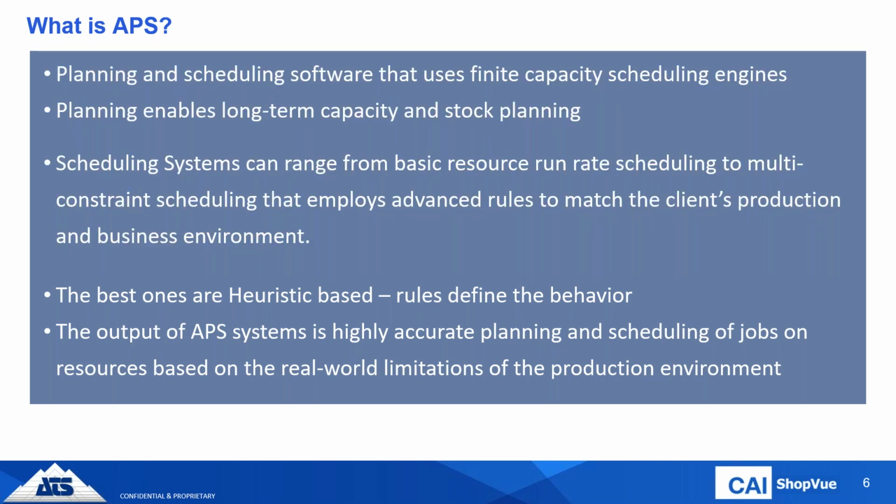Reality is that you need a tool that is going to mimic what you're doing on the shop floor in a realistic environment and then give you an output that is something that you can trust and something that you can communicate throughout the organization. And that's what APS gives you.